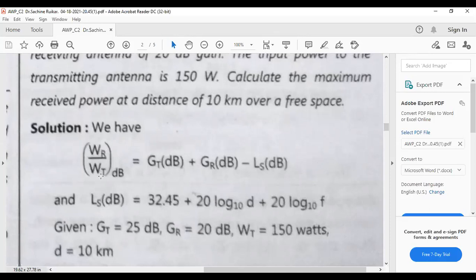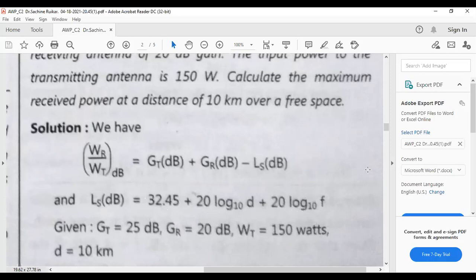So WR divided by WT, in terms of dB, is GT in dB, GR in dB, minus the line of sight loss, which is also in dB. The line of sight formula is 32.45 plus 20 log10 of the distance, plus 20 log10 of the frequency.